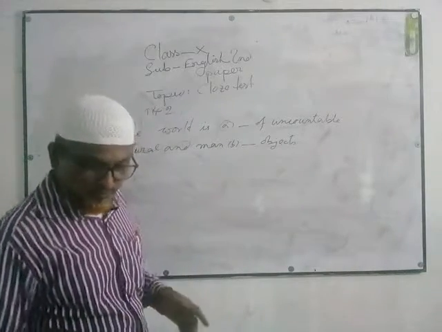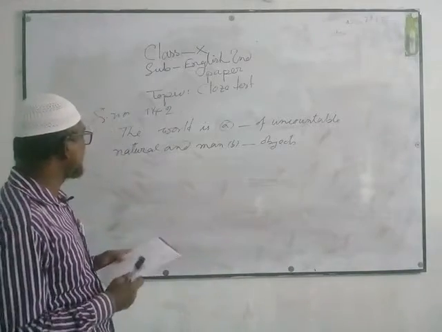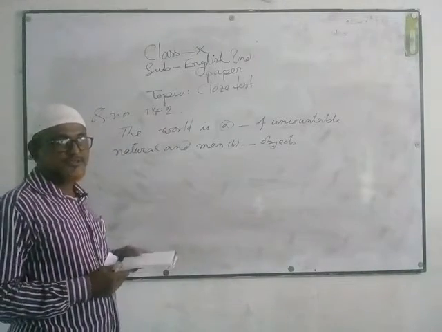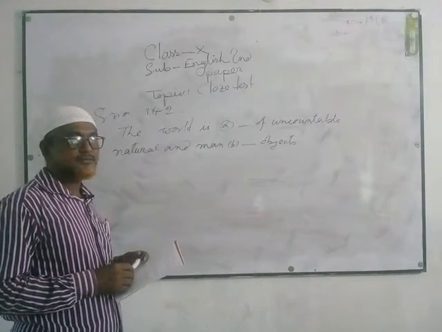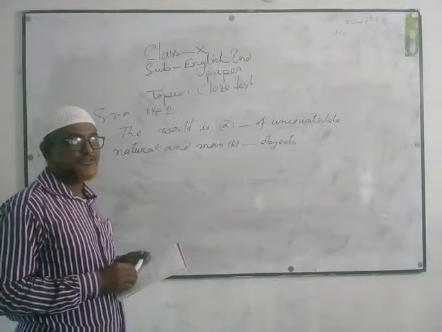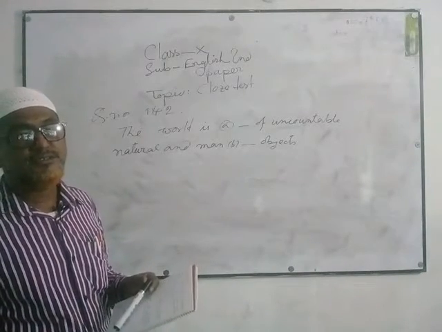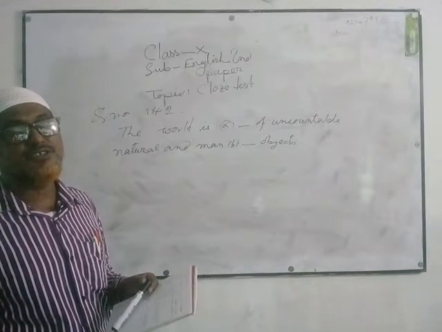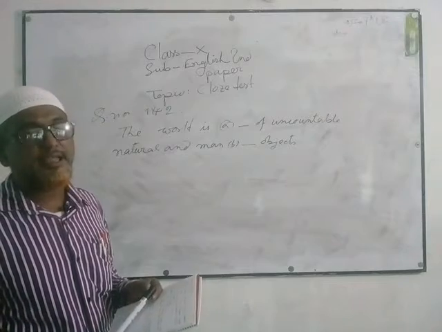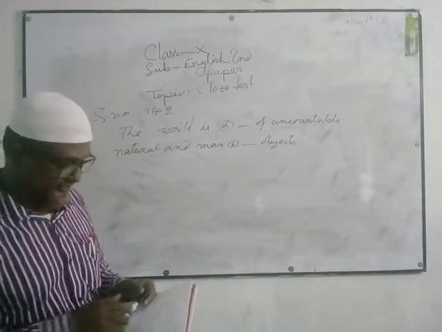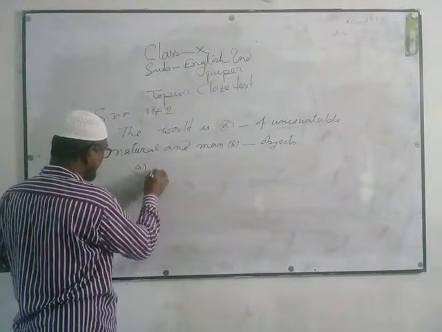From the box you will take two words. This is a passage. In your question paper you will get such type of passage, and the passage will consist of 10 gaps, from A to J. You will answer serially.